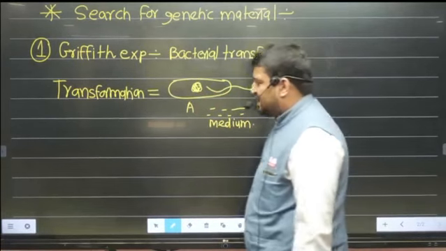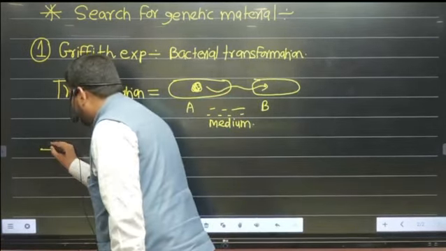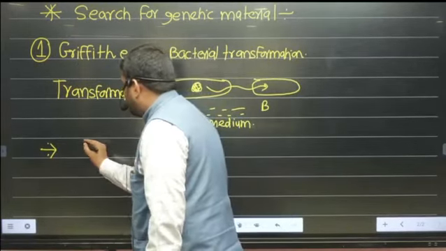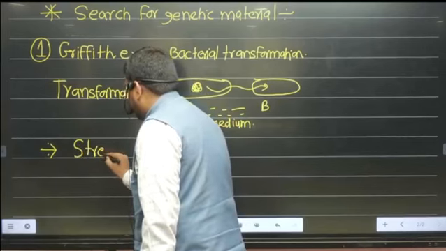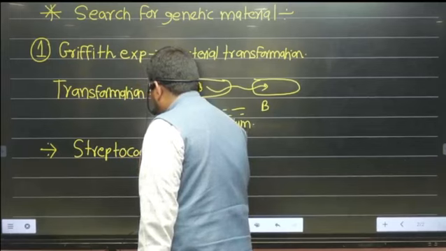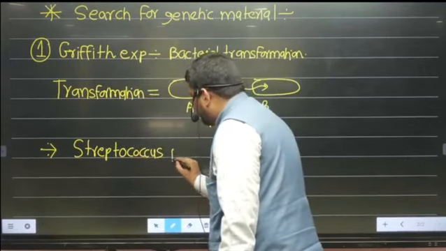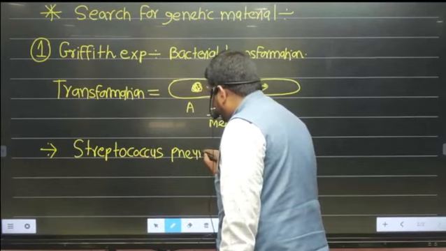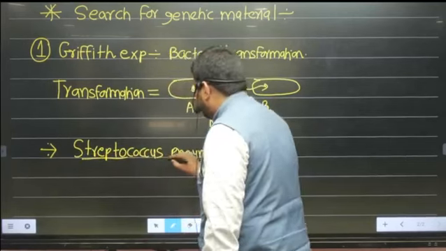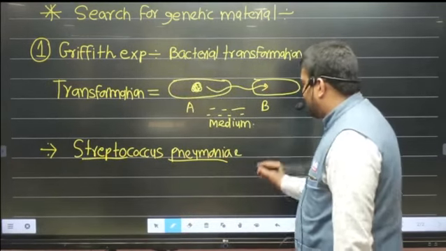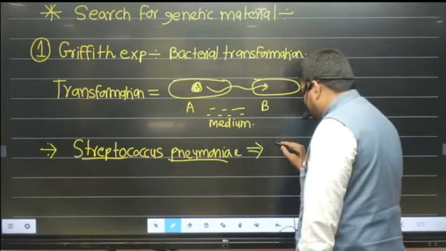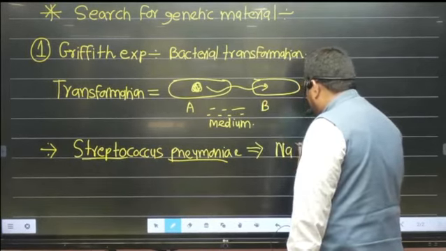Second point, there is one bacterial species called Streptococcus pneumoniae, and these bacteria undergo transformation naturally.